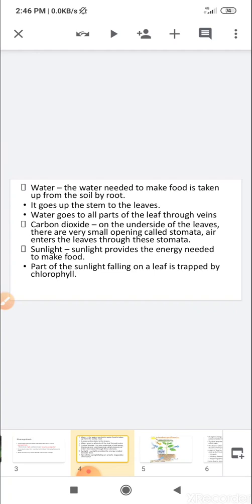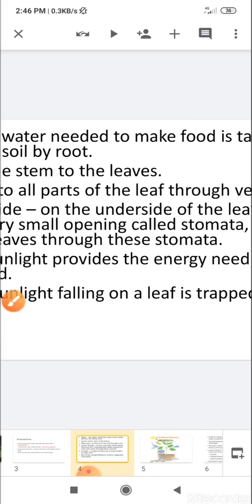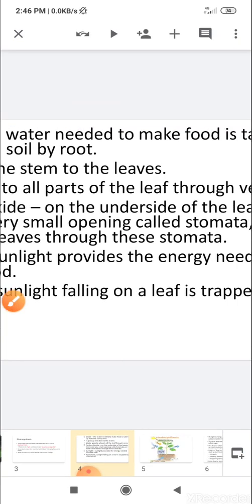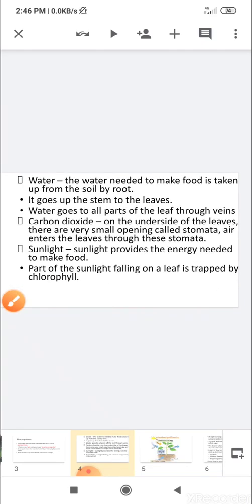And the carbon dioxide, the plant gets from the air, which enters a leaf through the small holes known as stomata. And the sunlight, they get from the sun, which provides energy. The part of sunlight that falls on the leaf is trapped by the chlorophyll.